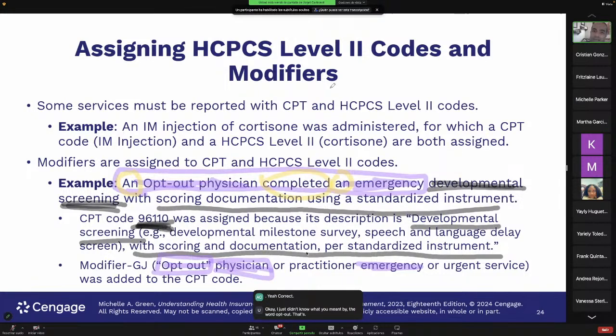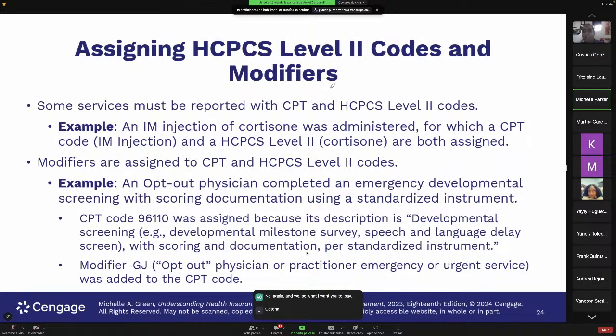So this is the trick here. If you were to look for this code in the book, what words would you look for? Every time I say main terms, this is what I want you to look for. What is the main term here? We said developmental screening.